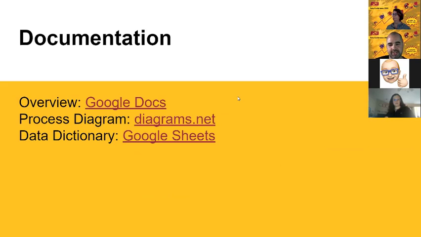All right, so again, documentation. Got a Google Doc with the overview, a process diagram that shows you how the logic works inside the macro, and a data dictionary for the output variables, definitions for those. Still in progress, very much. The overview is pretty complete.